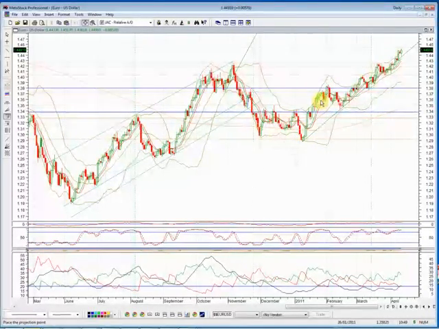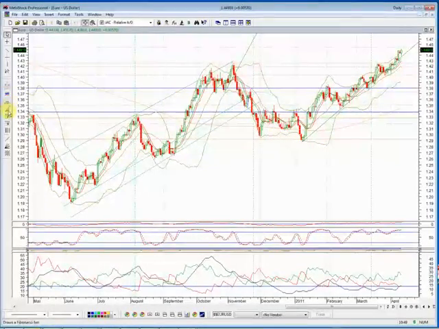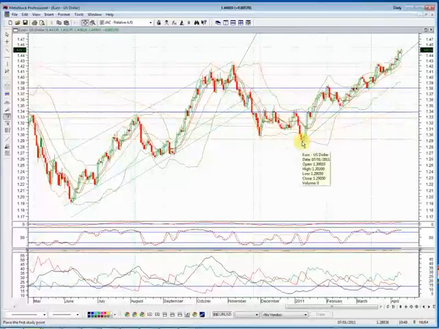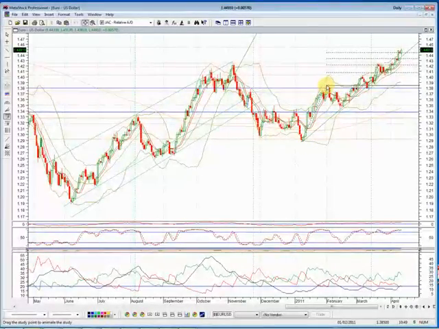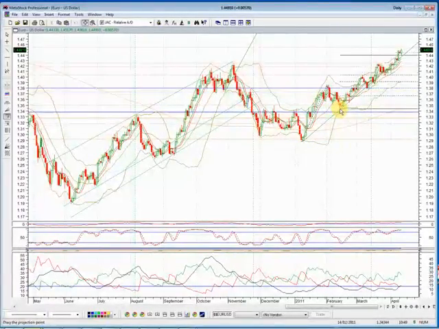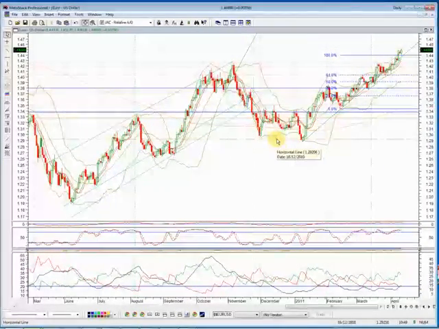So we can use, for example, that technique I'm going to show you. It's called Fibonacci pivot projection, and we use that to evaluate how far the market can go by comparison to the previous action.